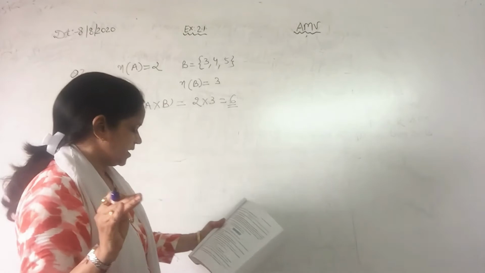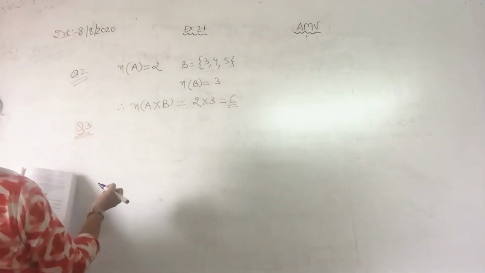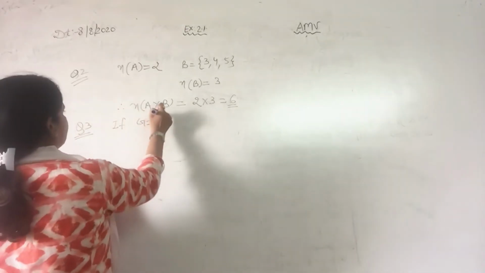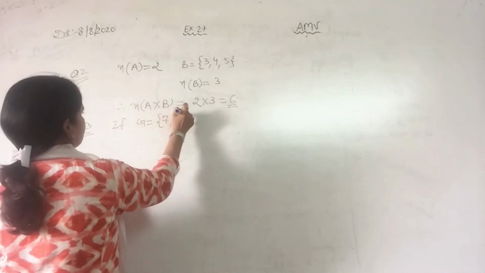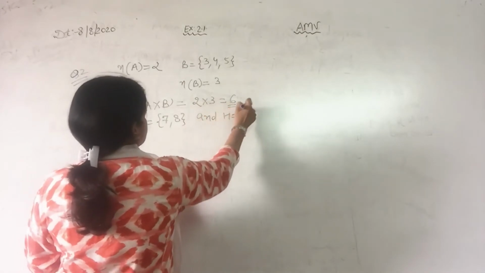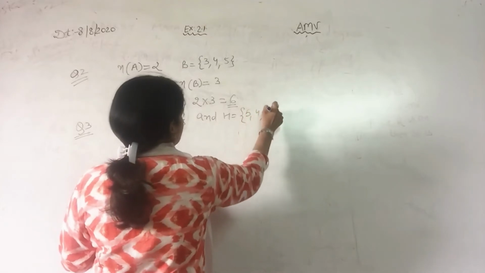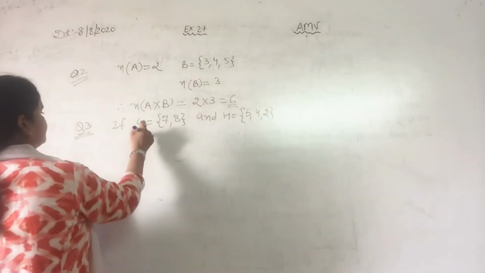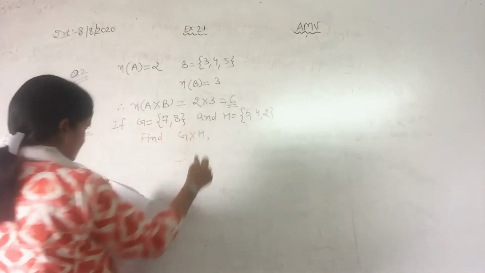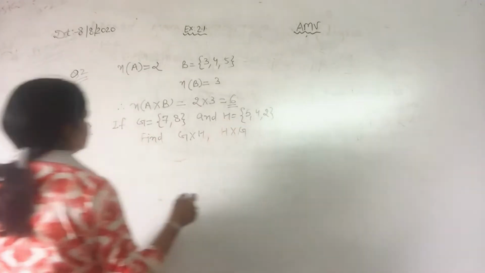Next question, question number 3. In this question, G is the given set {7, 8} and H is {5, 4, 2}. The question asks for the Cartesian products G×H and H×G. Both are required.